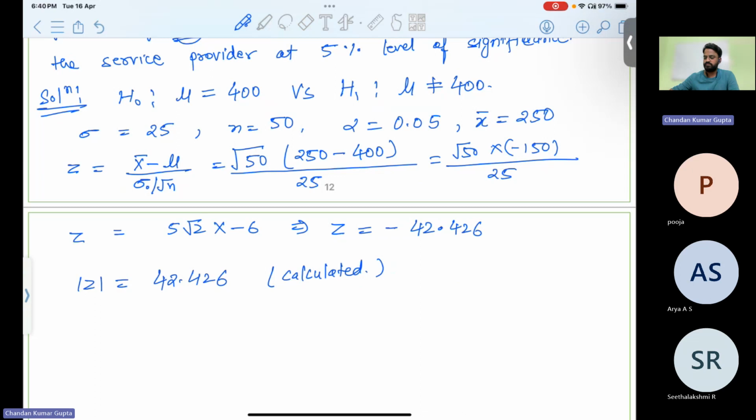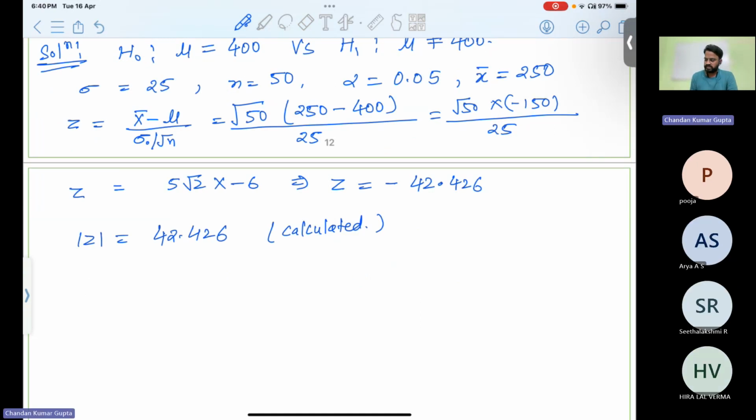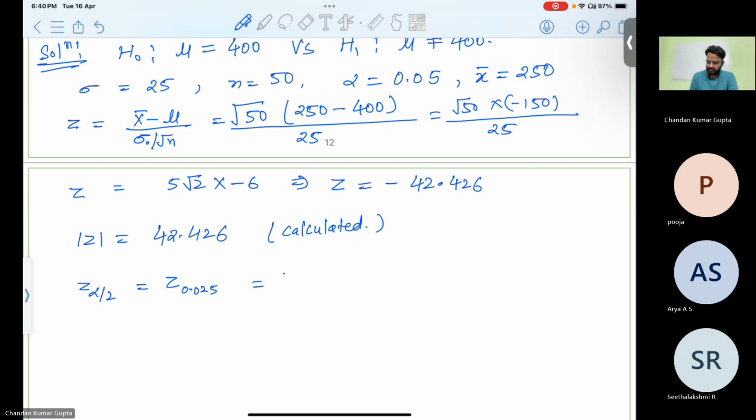Now the next aim is we need to tabulate the value. The tabulated value at z equal to alpha by 2, which is z at 0.025, is nothing but 1.96 for the two-tailed case.